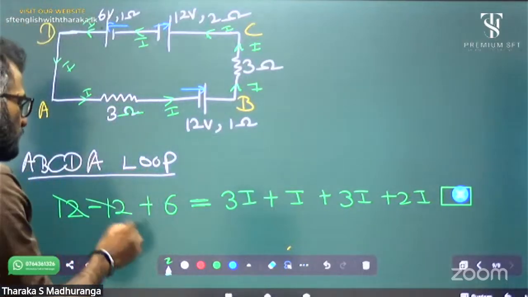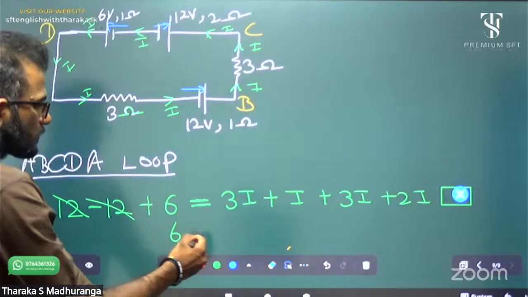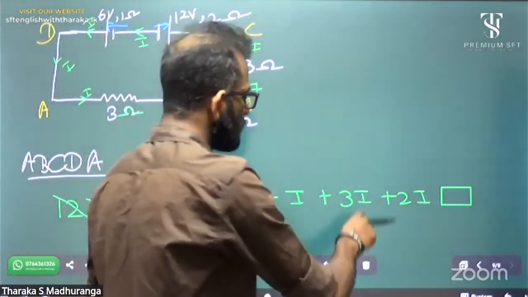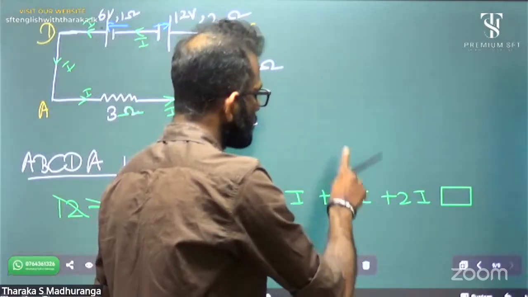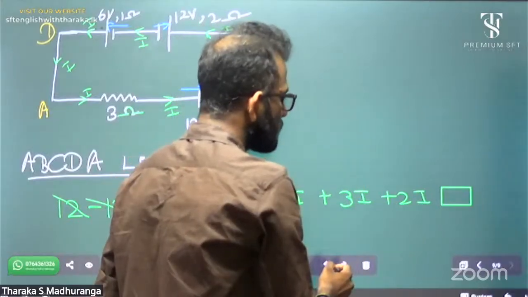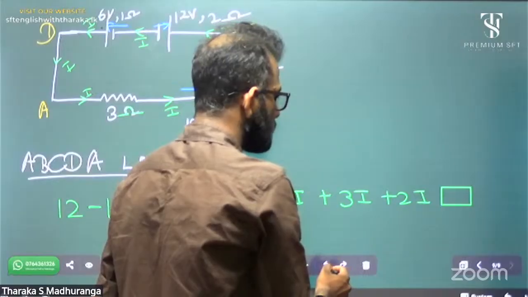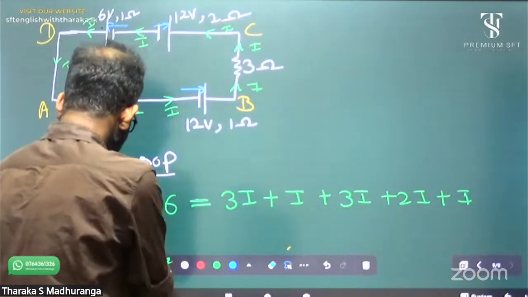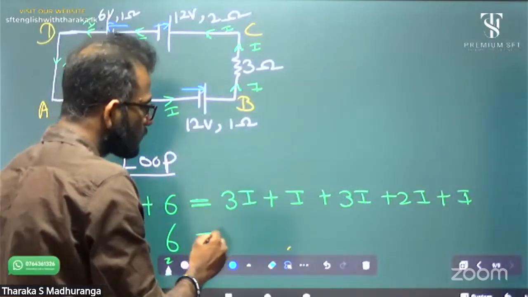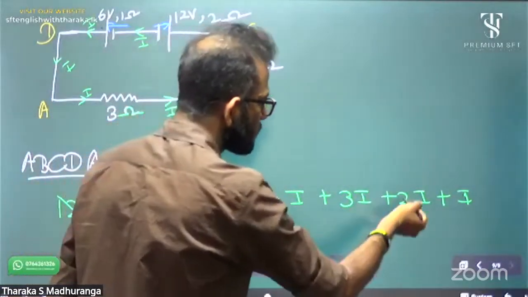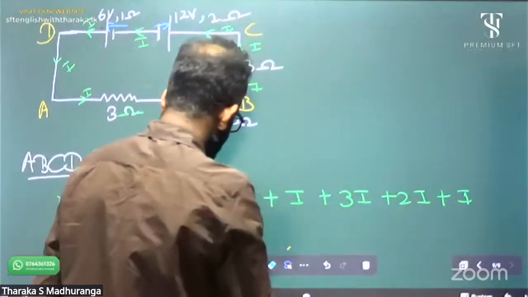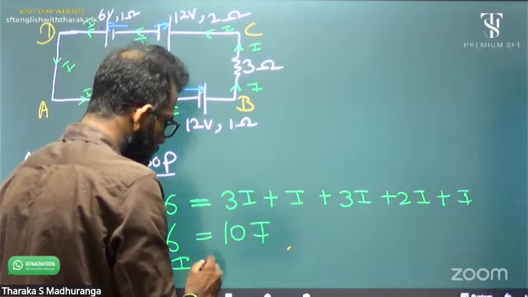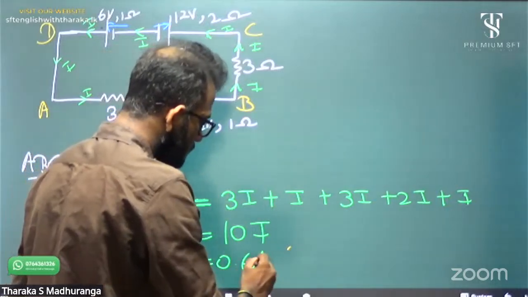Plus 12 and minus 12 cancel. It is 6. Equal 3 plus 1, it is 4. 4 plus 3, 7. 7 plus, oh my god, wait. What happened? It's I, no? Finally, I. It is 6 cancel. 6 equal 4, 7, 10. 10I. Then I equal 0.6 ampere.